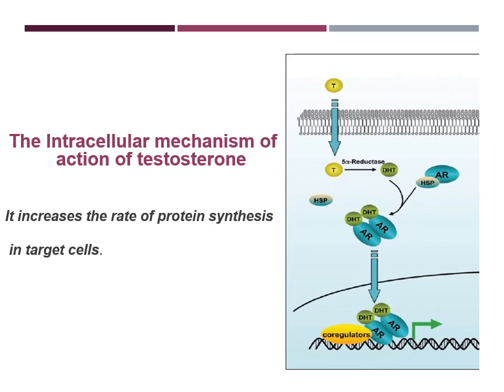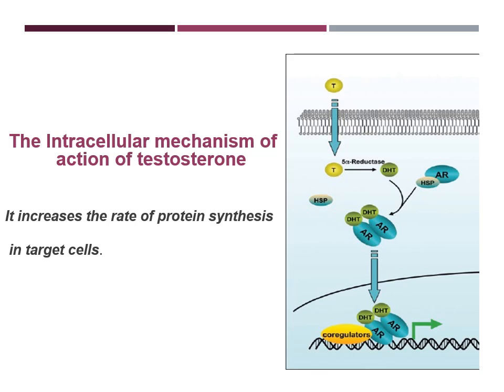The intracellular mechanism of testosterone action is that testosterone, as we know, is a steroid hormone, so it is capable of diffusing into the target cell. Then it will be converted by 5-alpha reductase into dihydrotestosterone.